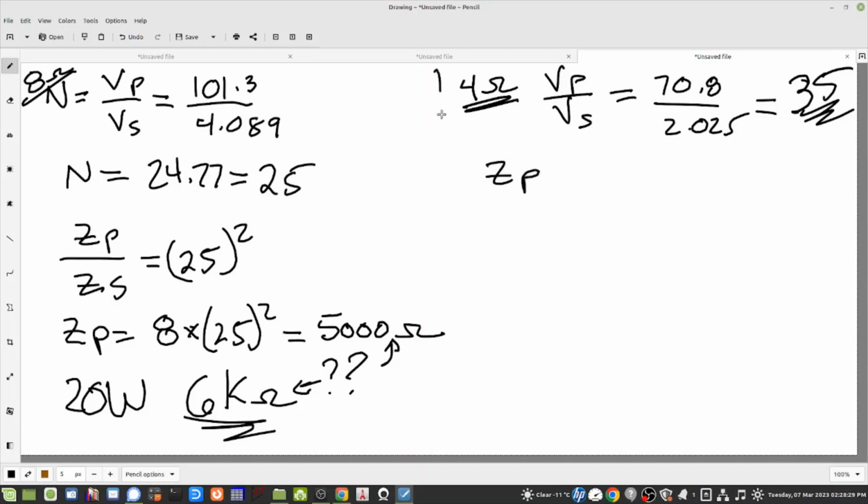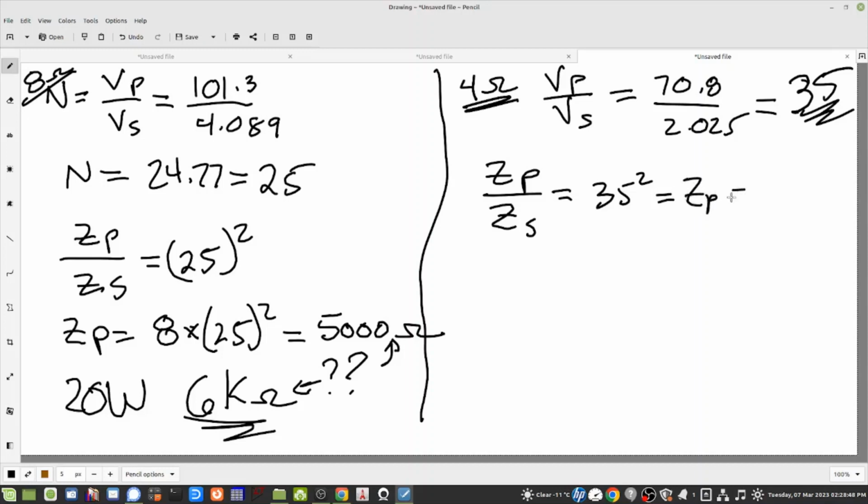ZP over ZS equals 35 squared, which is equal to ZP equals 4 ohms, because we're going in on the 4 ohm tap, times 35 squared.